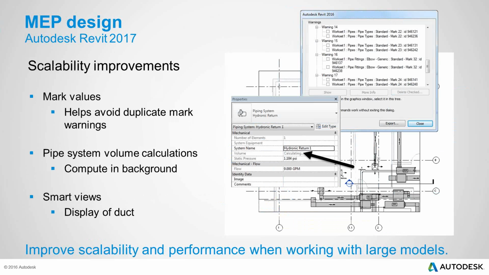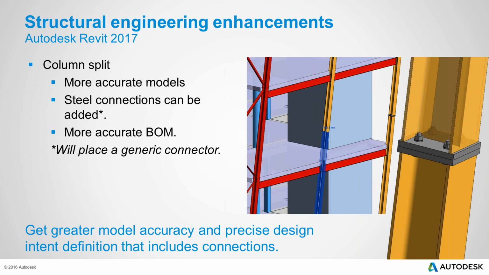Again, that probably means nothing to a lot of people. I certainly struggle to understand all of that myself. There have been improvements in the way that annotation displays on MEP systems, which I'm sure will be very appreciated by people who use that side of the program.